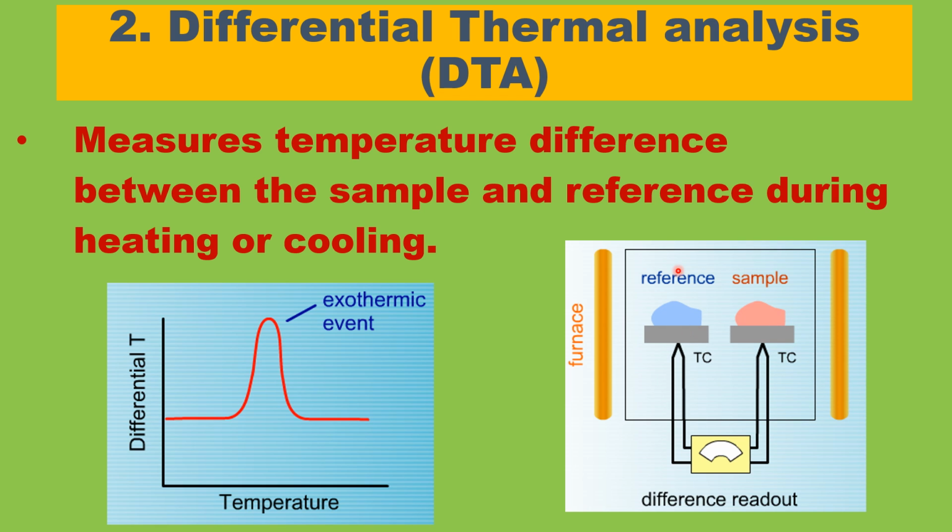In the case of reference, there will be no reaction, whereas in the sample there will be thermochemical reaction occurring. Therefore, for example, if the thermochemical reaction occurring is exothermic, heat is released, therefore the sample will be much hotter, the temperature will be higher.